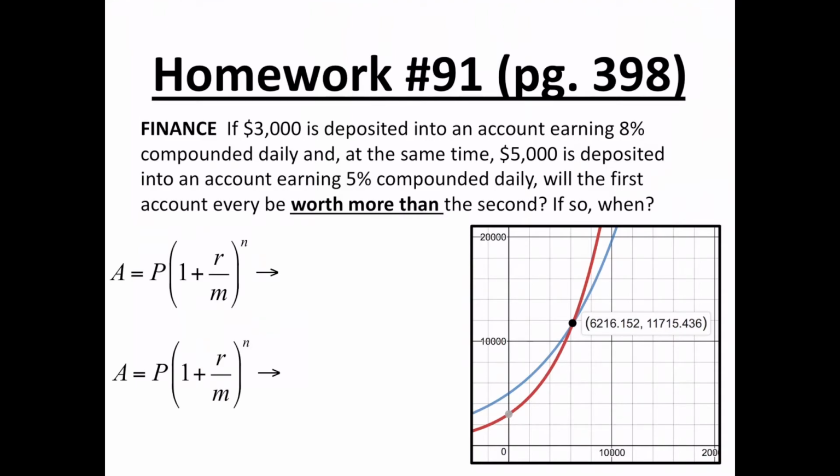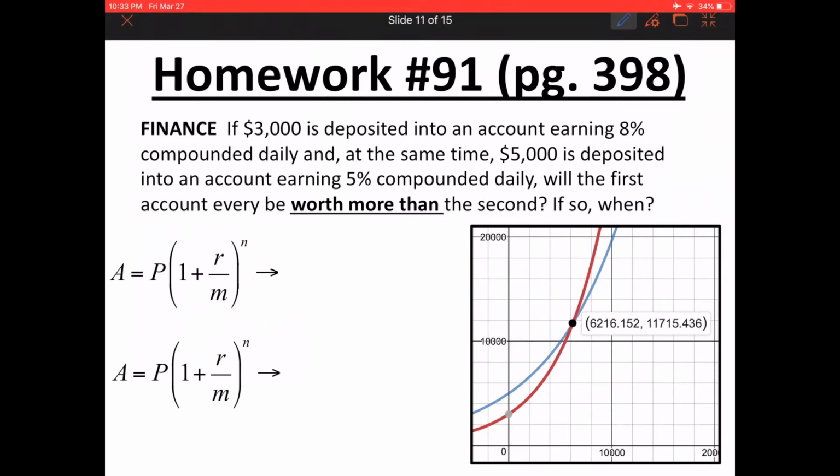Now let's take a look at graphing and how we're going to use graphing. If we are told that $3,000 is deposited into an account earning 8% compounded daily, and at the same time, $5,000 is deposited into an account earning 5% compounded daily.